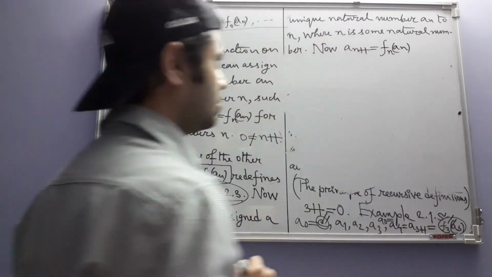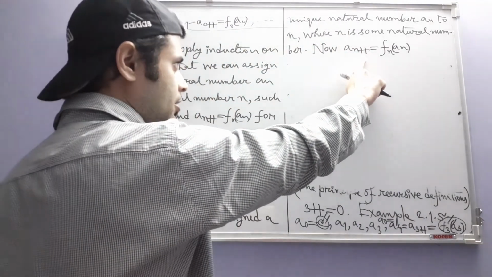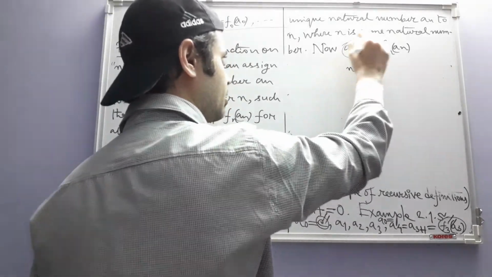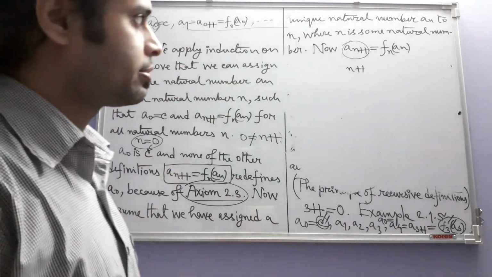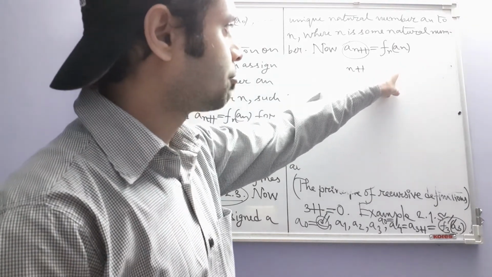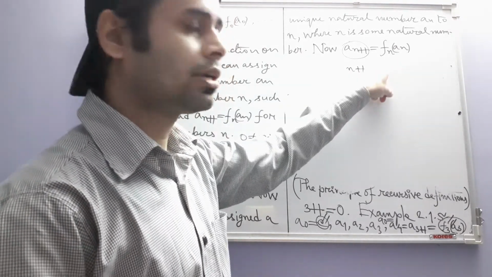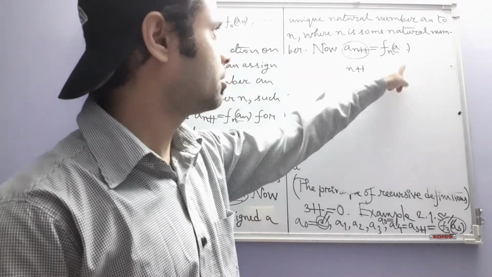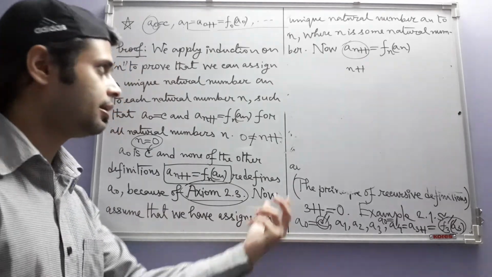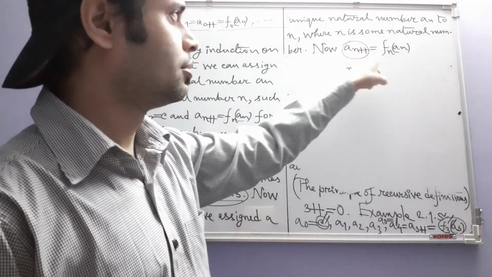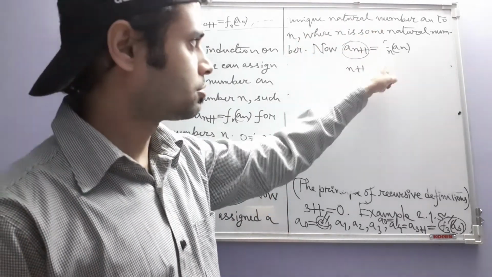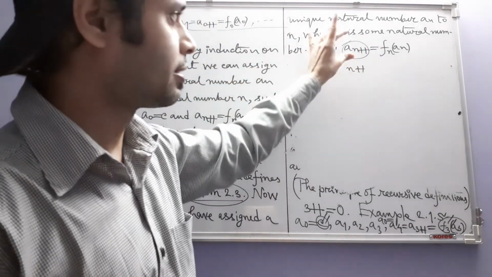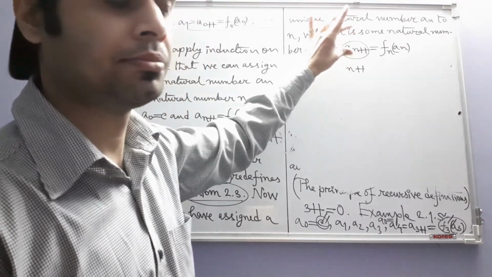So that means to the successor of n, to n plus plus, I have assigned a natural number a_{n++}. And what is that natural number? That is the functional value of the function f_n at the natural number a_n, because I have already assigned a unique value a_n to n.